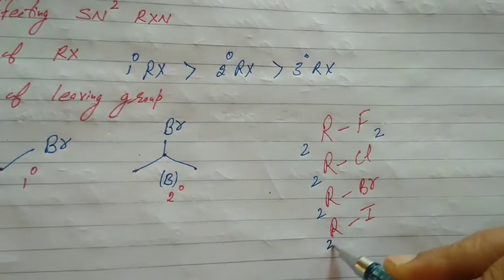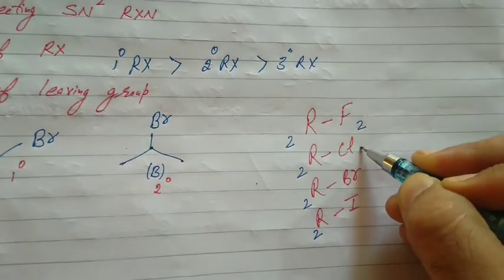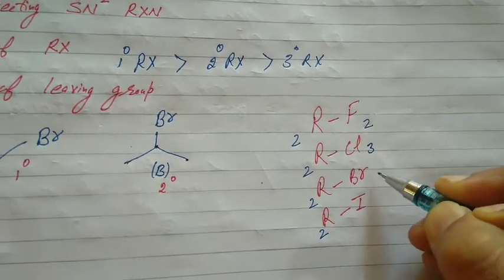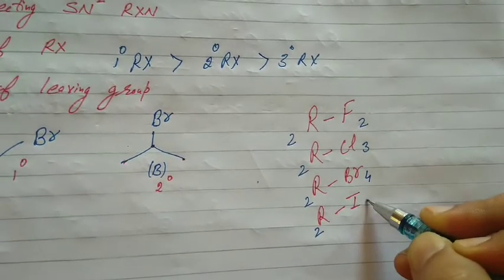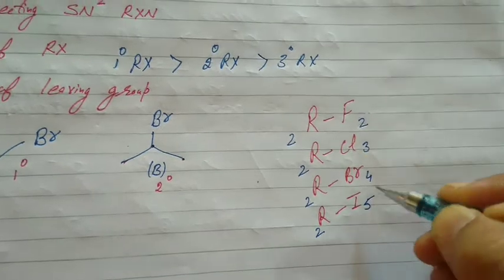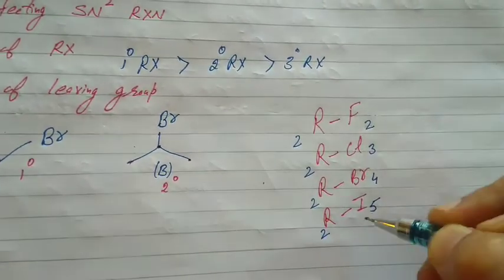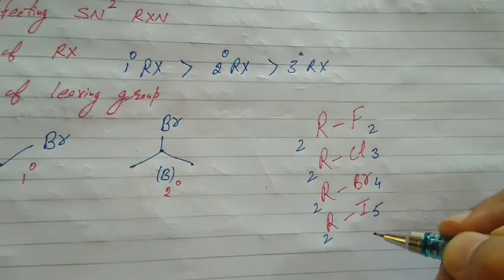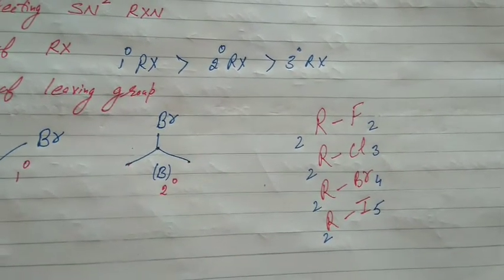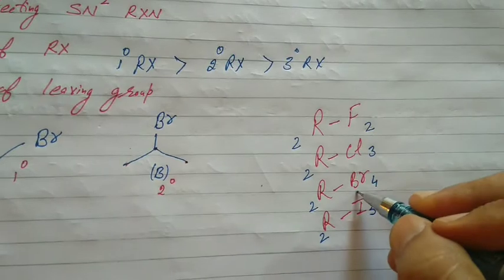Carbon 2s2 2p2. Chlorine 3s2 3p5. Bromine 4s2 4p5. And iodine 5s2 5p5. There is a large energy difference when we move down the group. If there is a large energy difference, it means the bond will be weak, and it will easily dissociate.